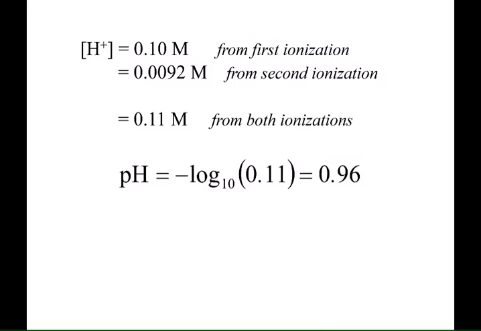So if we go ahead and get the pH when the hydrogen ion concentration is 0.11 molar, that's going to give you a pH of less than 1. It's going to give you a pH of 0.96.